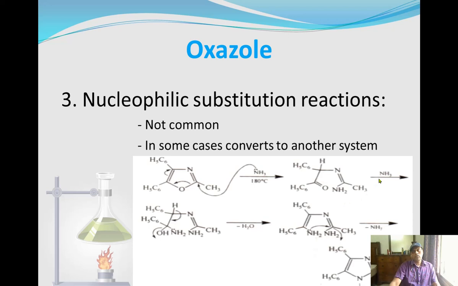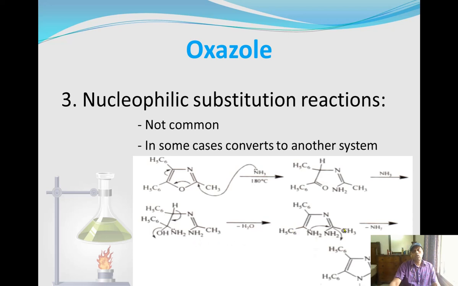When it is further subject to attack by ammonia, one more amine group is going to get attached on the other side, on this side this time, right? In the next step, dehydration is going to take place. This OH group is going to get removed by dehydration, right?